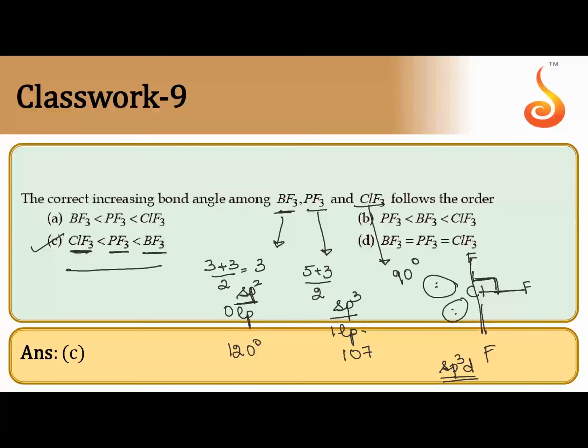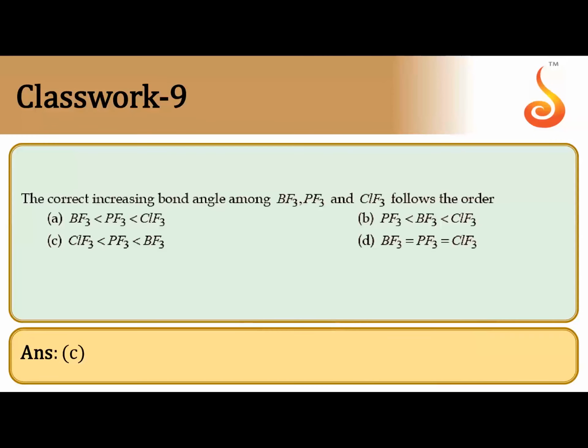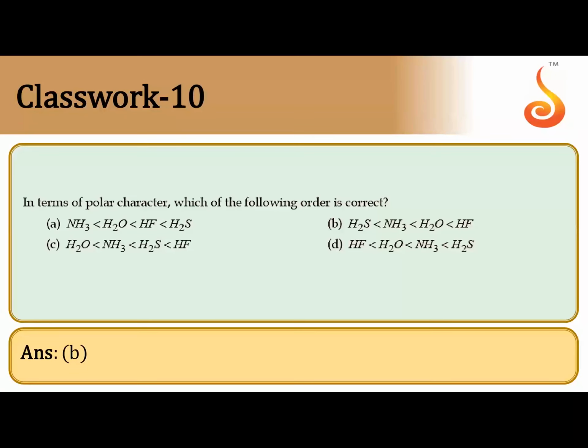Okay, next one. In terms of polar character, which of the following? Children, we know this, right? So just now I told you, fluorine is most electronegative. So you can consider that based on electronegativity order. Which one will you select?